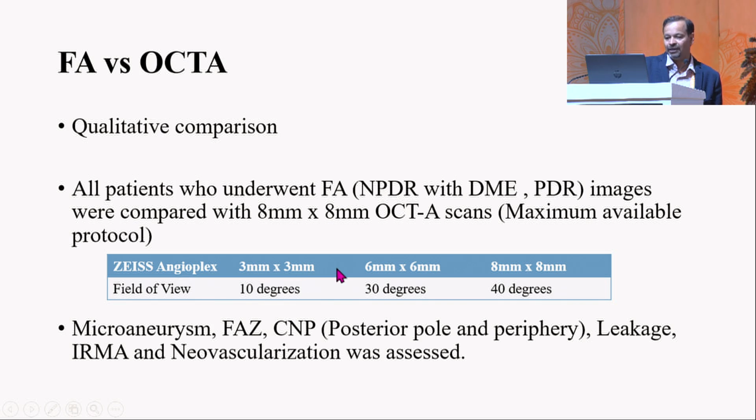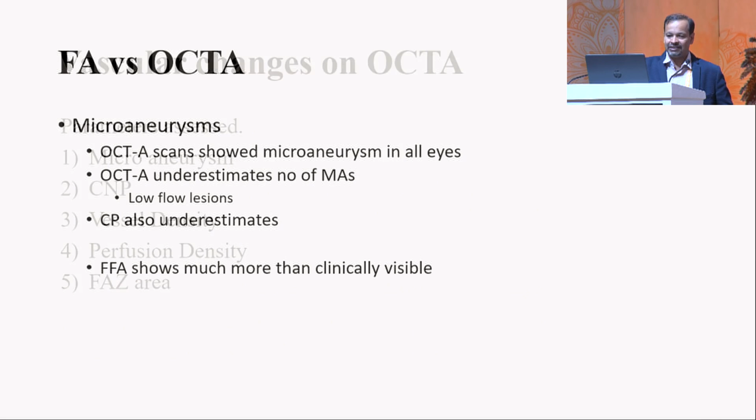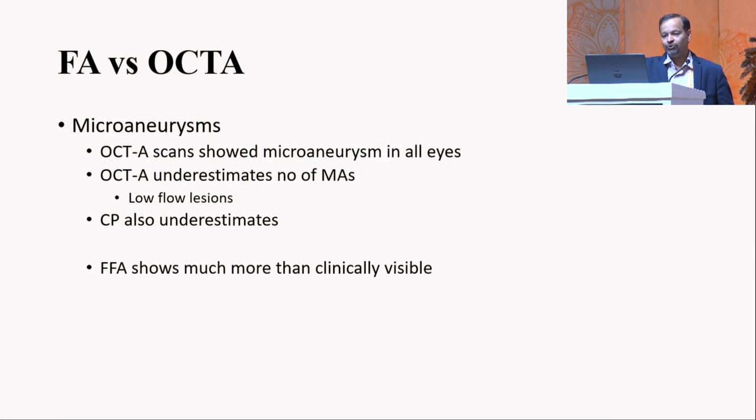It gives us 3x3, 6x6 and 8x8, and for this study we used 8x8 OCTA images. We assessed various changes of diabetic retinopathy in terms of microaneurysms, size of FAZ, capillary non-perfusion areas, leakage, IRMAs and neovascularization. I'll show you how OCTA fared compared to FFA in these eyes.